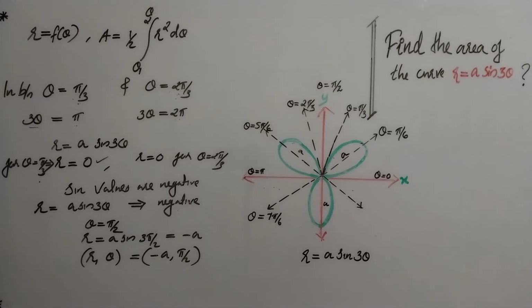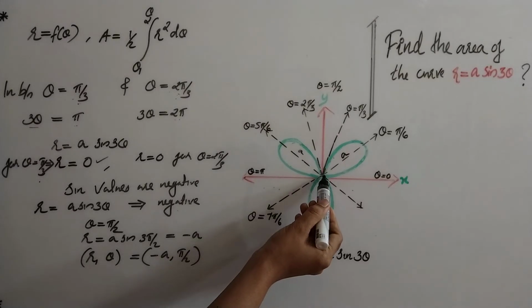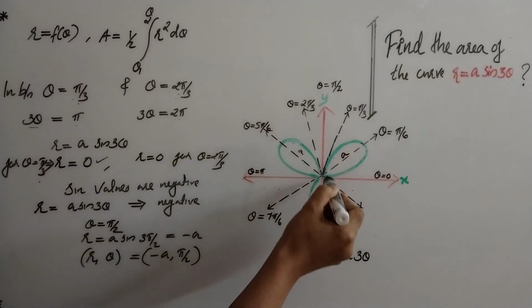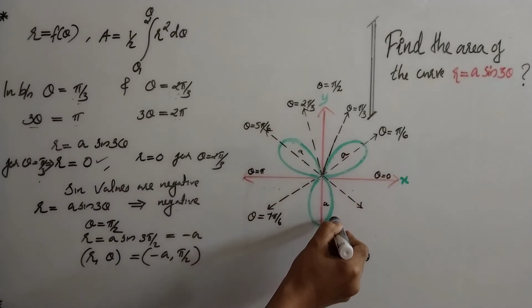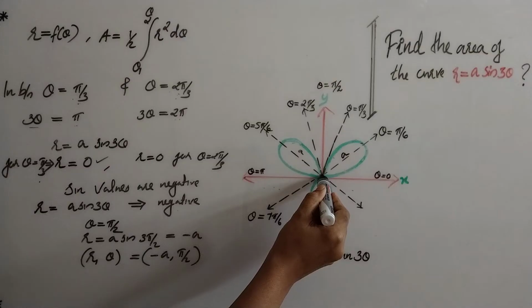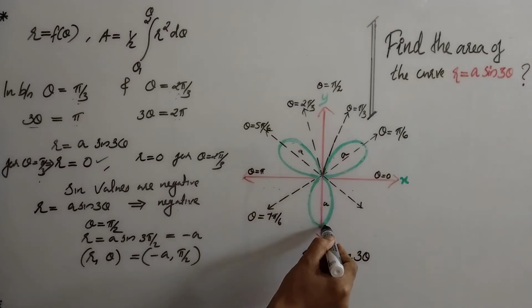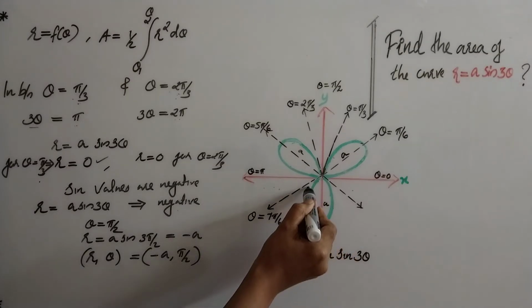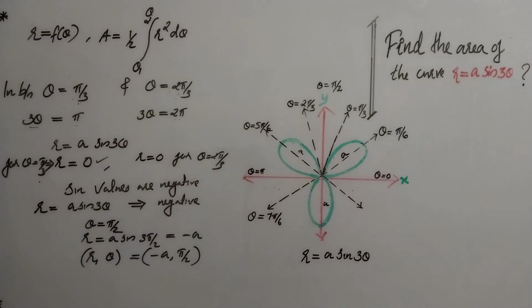So the curve returns to the same point, and hence a loop lies in between theta equal to pi by 3 and theta equal to 2 pi by 3. Here the value of r is 0, here it is minus a, and it returns back to 0 when theta equals 2 pi by 3.